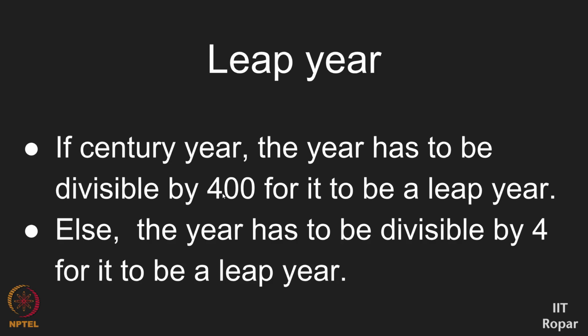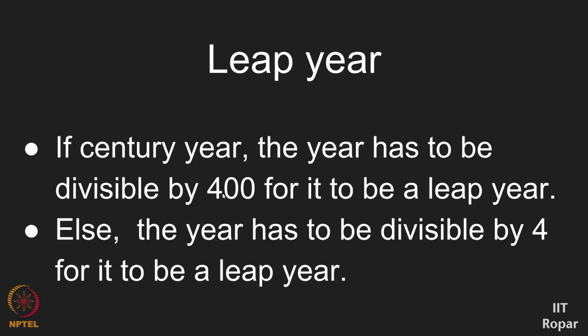If it is not a century year, you should check for divisibility by 4. So basically, given a year, you need to check if it is a century year or not. If it is a century year, check for divisibility by 400. Otherwise, check for divisibility by 4.